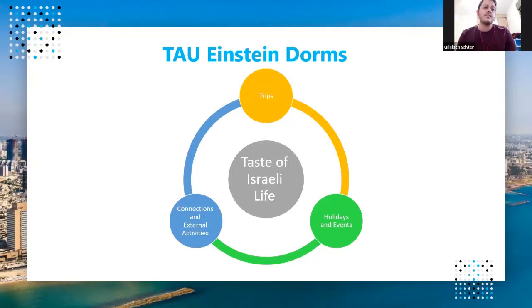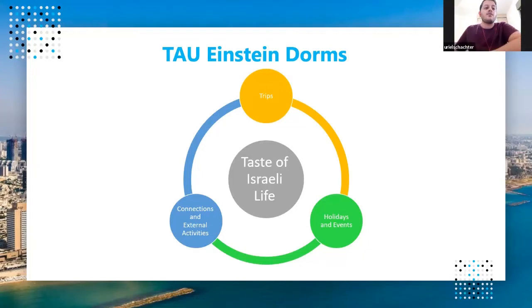And the third one is about connections and external activities, which, you know, sometimes we don't have to do everything ourselves as Madrichim in order for you to enjoy your time here in Tel Aviv. But we are Israelis, and we know things and we know people that may be relevant for some of you.